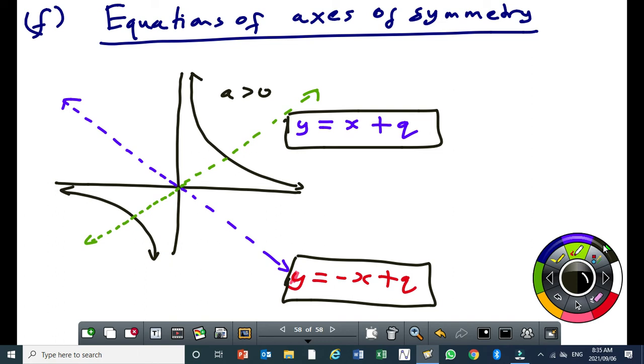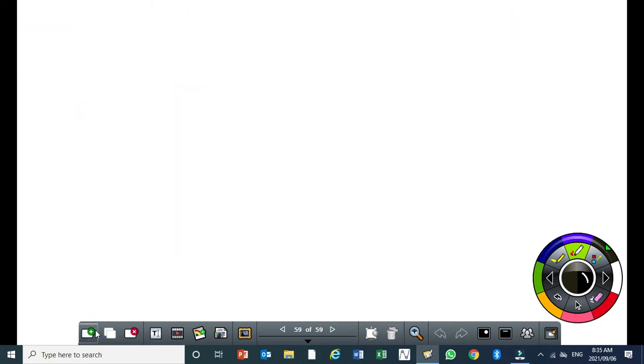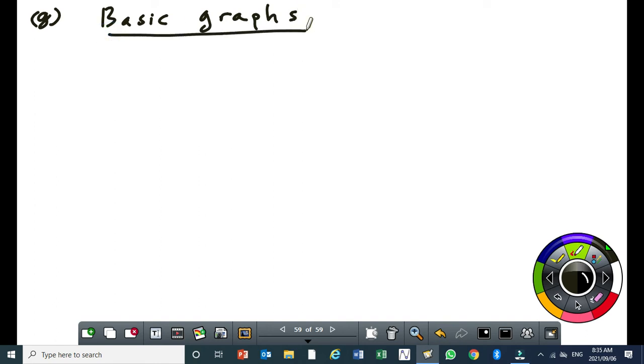Right, but I just need to tell you the basic functions. The basic functions. So here, okay, basic graphs. All right, your two basic graphs are y equal to 1 over x.